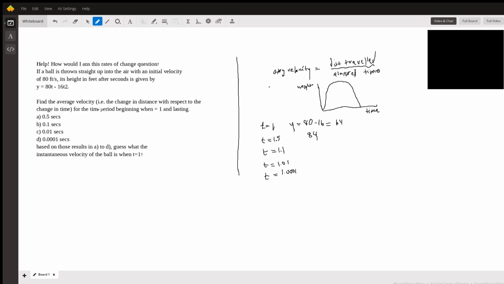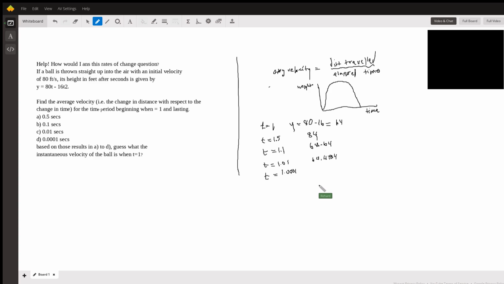And let me just finish this out on the calculator. So 1.1 is 68.64. 1.01 is 64.474784.